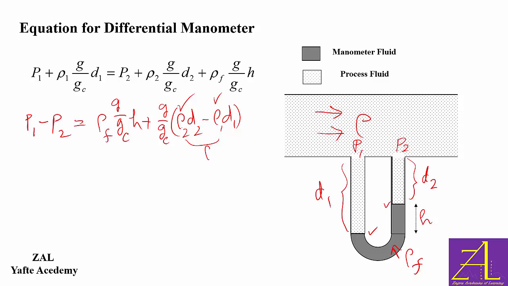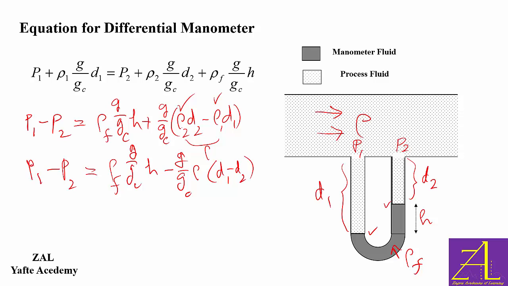D2 minus D1 is minus H. P1 minus P2 is equal to rho F G over GC H minus G over GC rho times D1 minus D2, and this is equal to H. If we factor out and simplify, we are going to get an equation for differential manometer as rho F minus rho, G over GC, H. This is a general equation but for differential manometer.